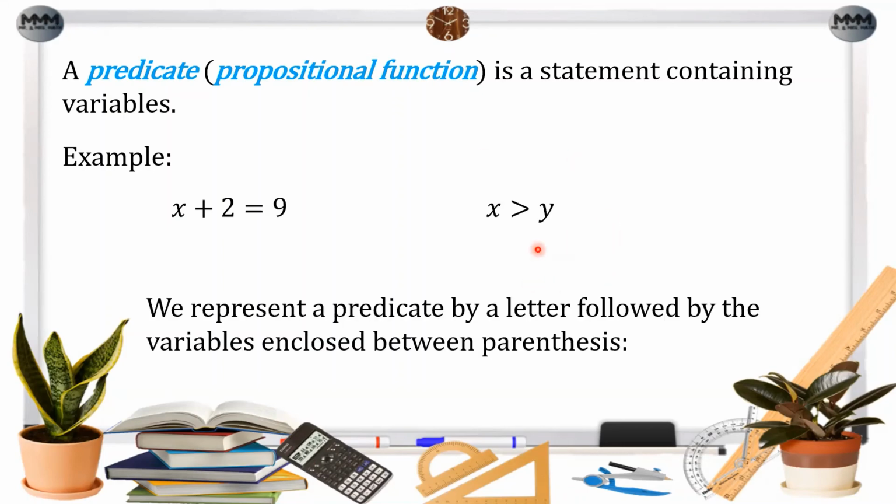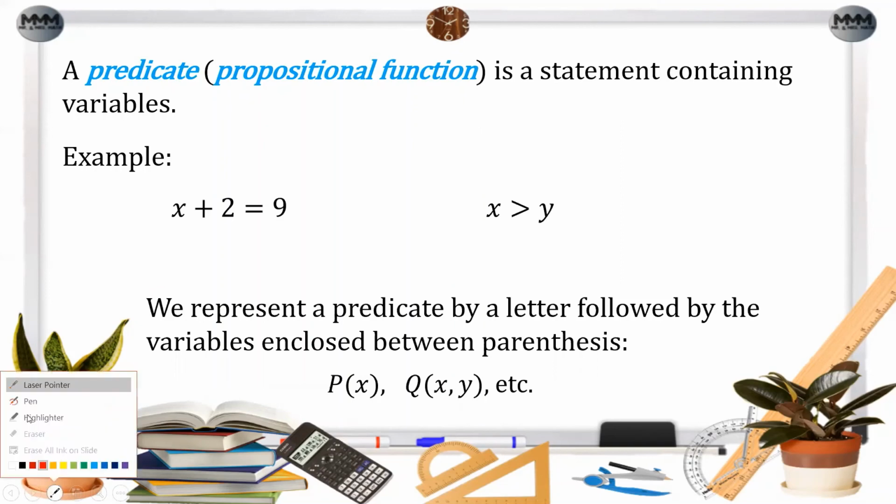We represent a predicate by a letter followed by the variables enclosed between parentheses. It's like we have here p of x. Another, we have p of x, y, and the like.